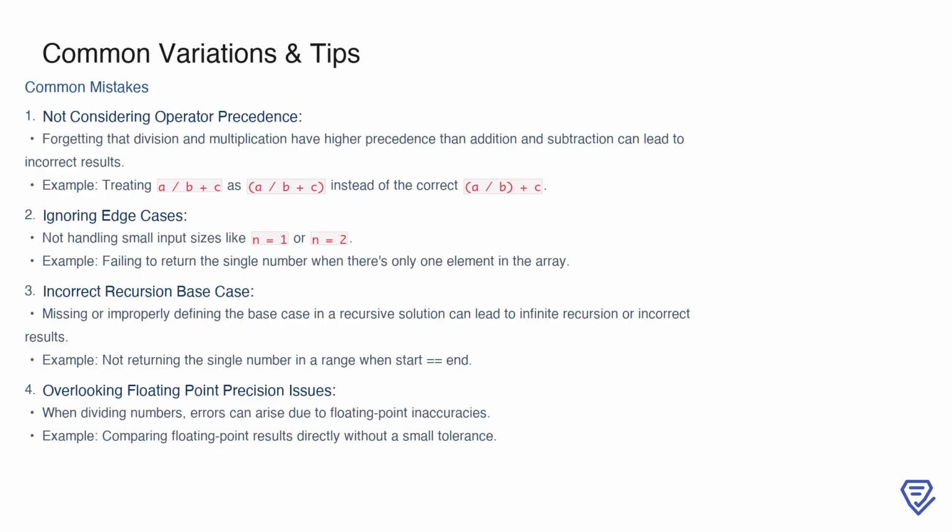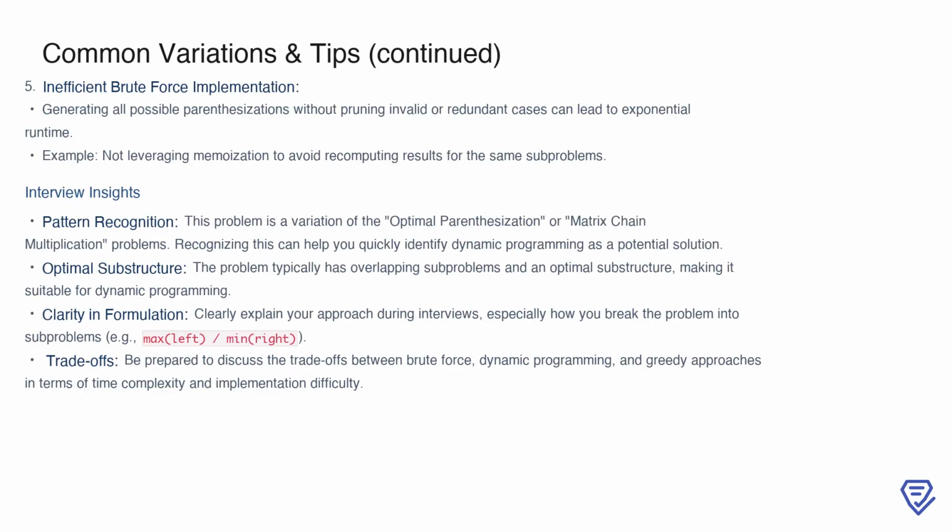Comparing floating point results directly is unreliable due to potential inaccuracies, so always account for a small tolerance when making such comparisons. Another common challenge is implementing an inefficient brute force solution. Generating all possible parenthesizations without pruning invalid or redundant cases can quickly lead to exponential runtime. Optimizing your approach with techniques like memoization can save significant computation time by avoiding redundant calculations.